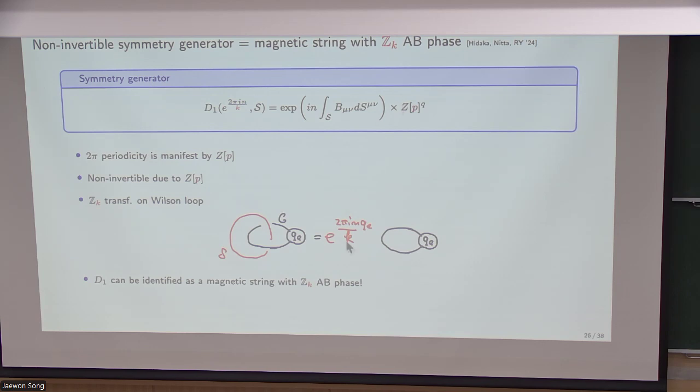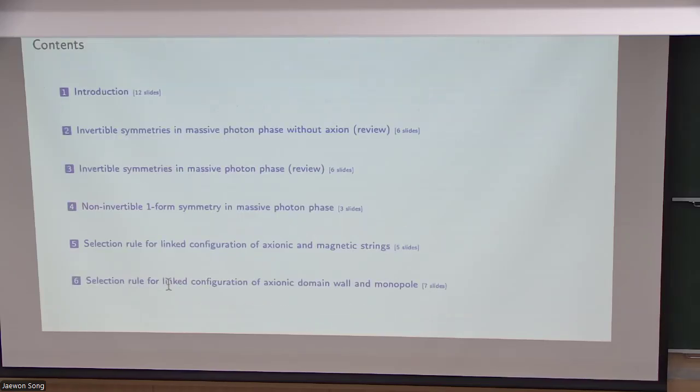Okay, so this non-invertible symmetry generator can generate the d small k Aharonov phase. So since we have the magnetic string as a non-invertible symmetry generator, let us consider the linked configuration of the axionic string and this non-invertible one-form symmetry generator. So this is the fifth section.